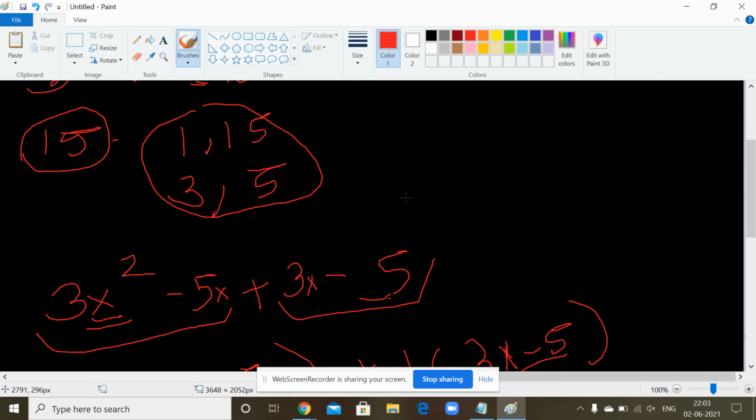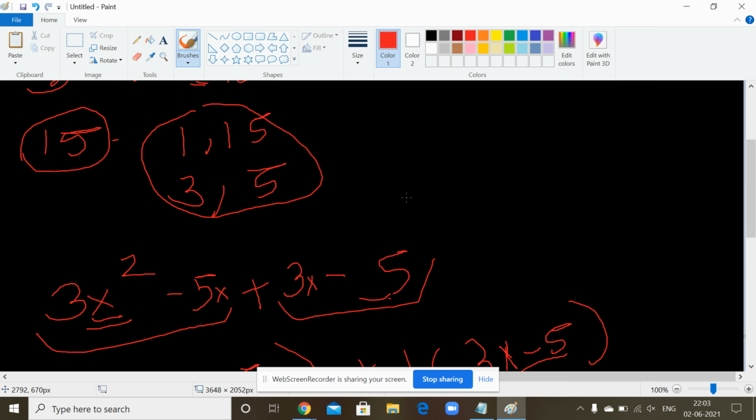The third step is which pair of the factors, 1 and 15, 3 and 5. We will make pairs, the first and the last, the second and the second last. So 1 and 15, and 3 and 5.